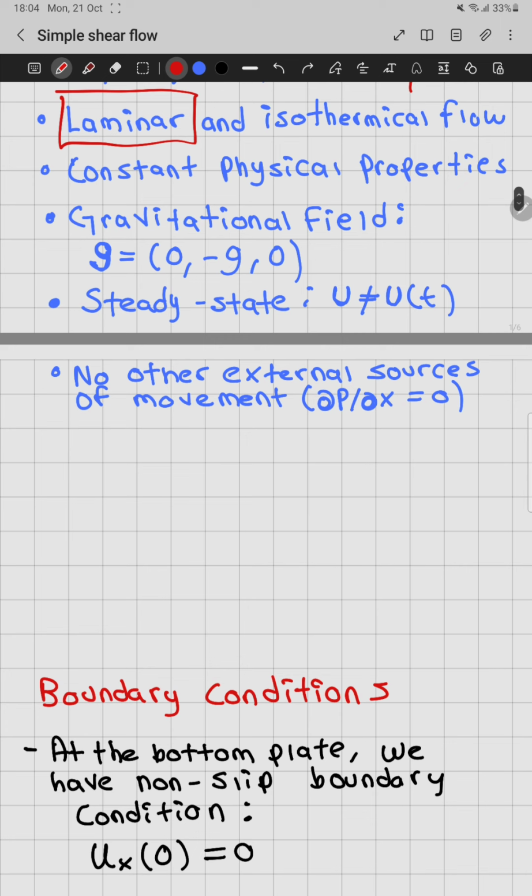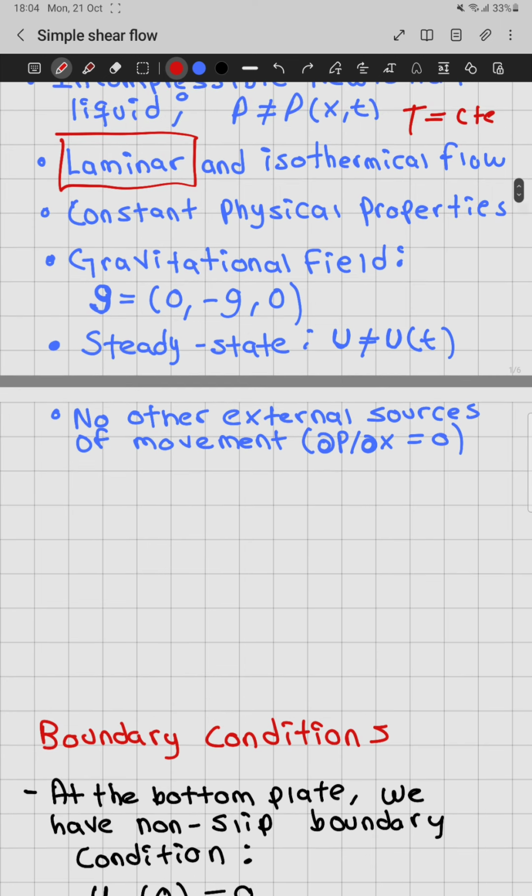Another thing I want to mention is that, on one hand, we have laminar flow, but there is another physical phenomenon called turbulent flow, which is the opposite of laminar flow. In turbulent flow, we have a chaotic and unpredictable behavior of the movement of the fluid.